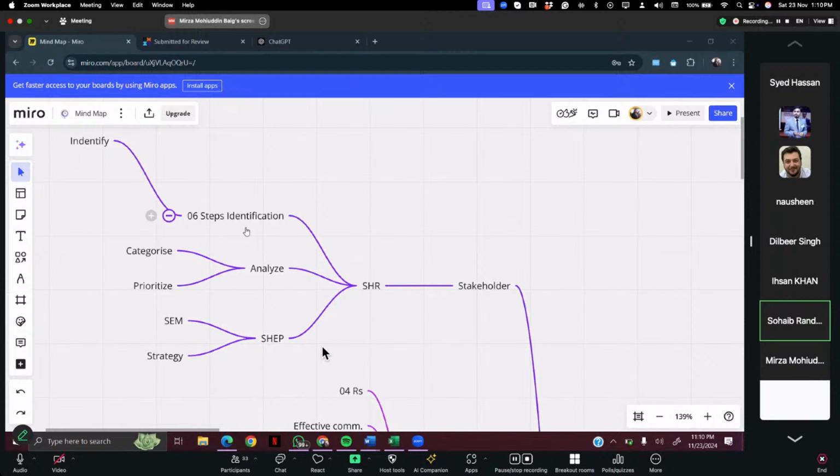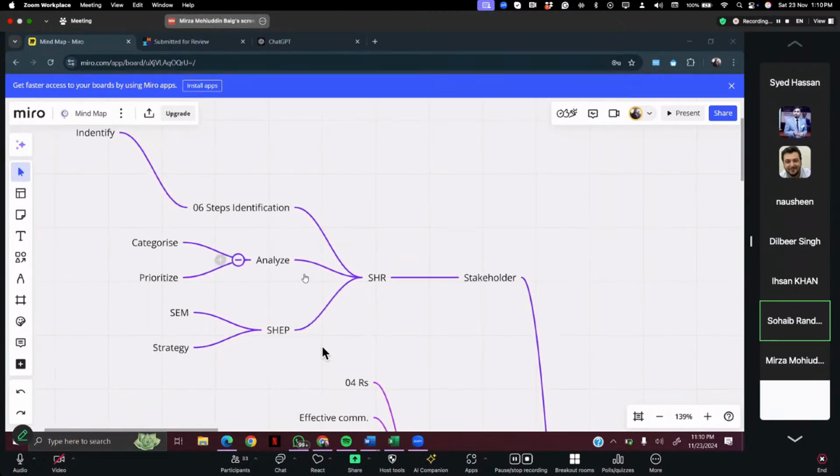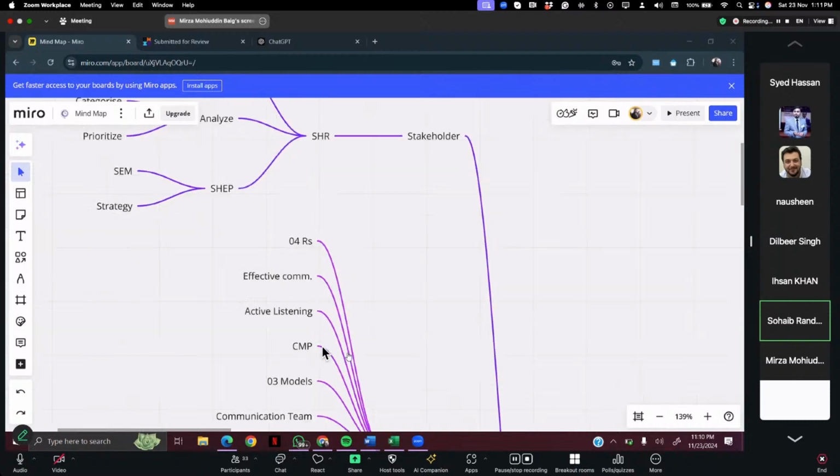We didn't write all those steps. After identifying these stakeholders, we go to the analyze step. We analyze stakeholders. First, we categorize them, and then we prioritize them. After prioritizing them, we have the stakeholder engagement plan, where we have the stakeholder engagement matrix, and then we develop the strategies to improve the engagement of the stakeholders.